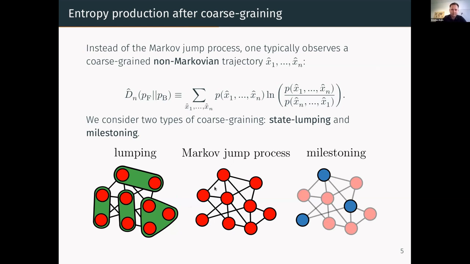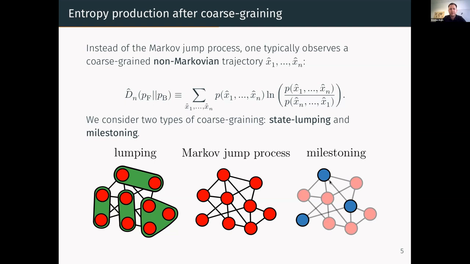And now we can lump this process by grouping certain nodes together. And that will give rise to a lumped network, which is shown on the left, where now lumps are corresponding to the green regions. I can also look at a milestone process, and that is now on the right. And here I define certain states to be milestones, and these are indicated in dark blue.